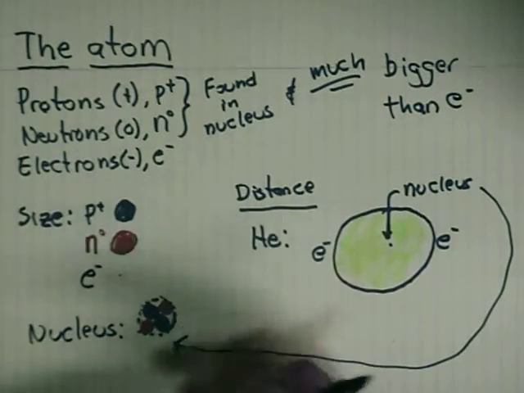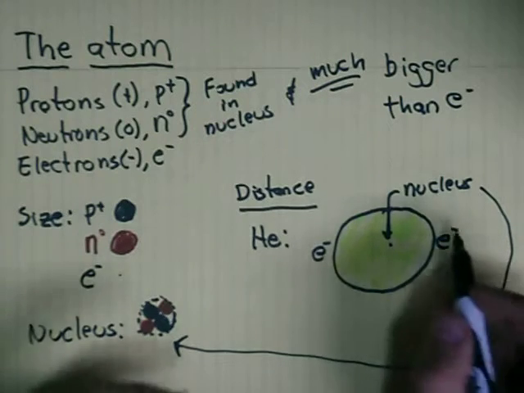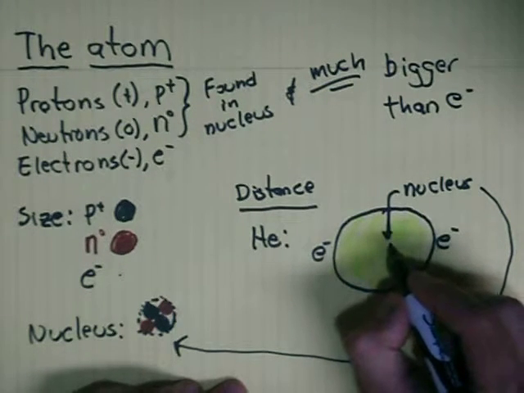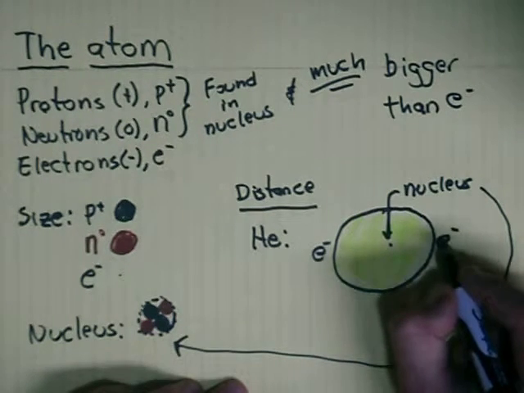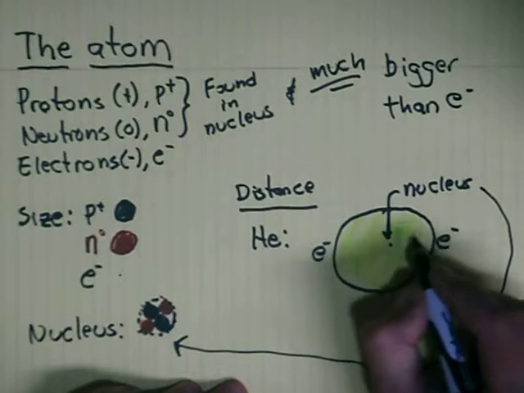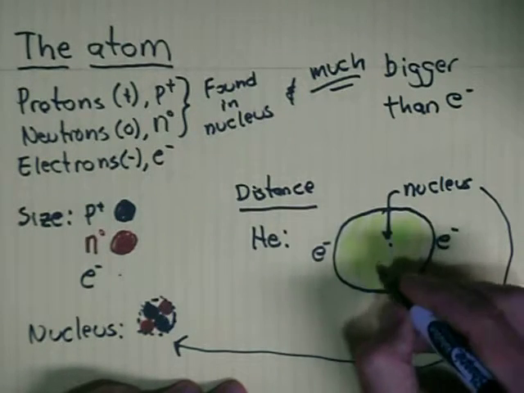When we talk about an atom and mention the atomic radius, which is the distance from the outermost electrons to that nucleus, there's actually a lot of space in there.